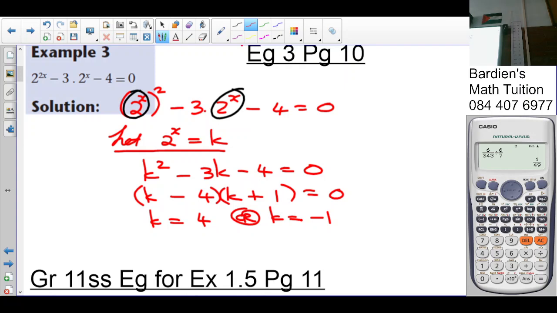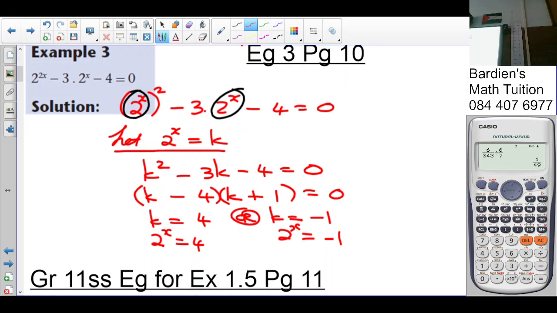So what do I do now? You say substitute k back. And 2 to the x equal to k again. So 2 to the x is equal to 4 or 2 to the x equal to negative 1. Right, let's look at 2 to the x equal to 4.